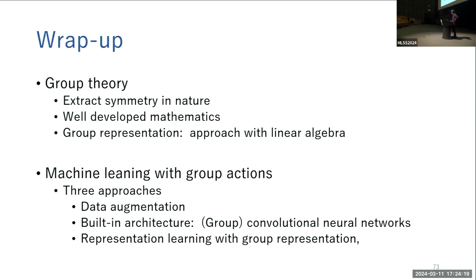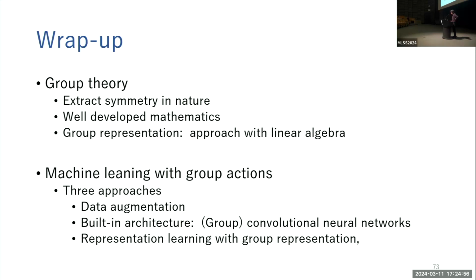Especially I focused on the group representation, which may not be familiar to you, but this is useful to define various machine learning methods, because this is somehow the linearization of some group structure. And as machine learning methods with group actions, I talked about three approaches. The first one is data augmentation, which is not covered in my lecture so much. And the built-in architecture, the group convolutional neural network. I focused on this topic in the middle.